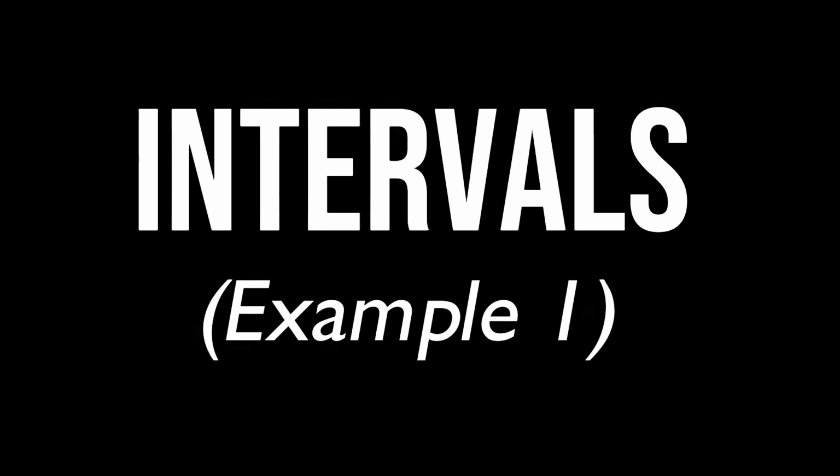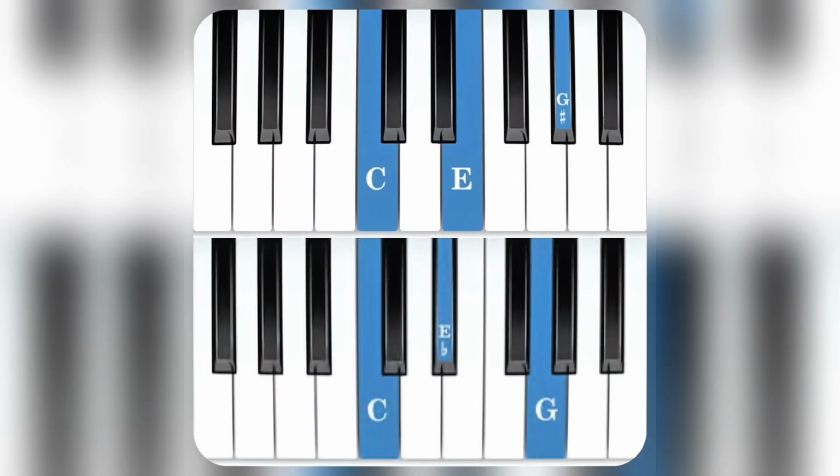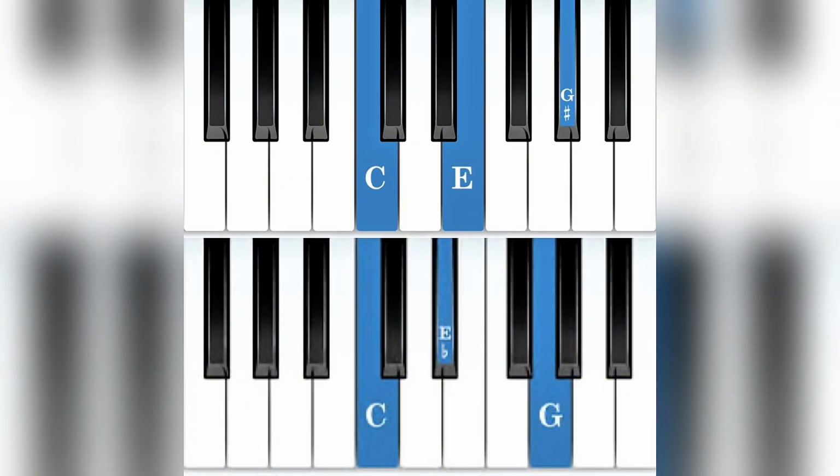Let's look at this example. These are two different chords. Look at the distance between the root and third of the top image as compared to the bottom. You realize the gap is a bit wider in the top as compared to the bottom.